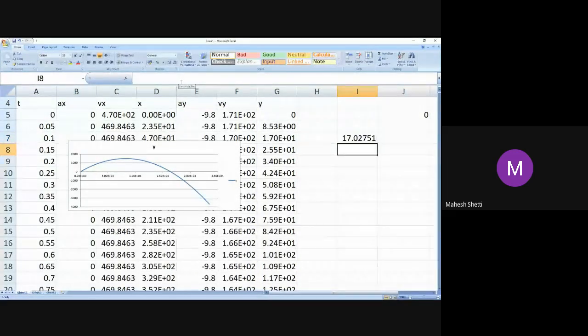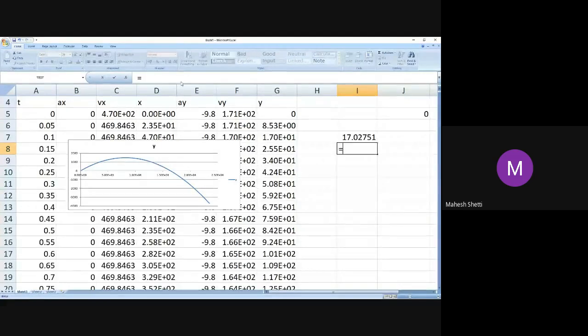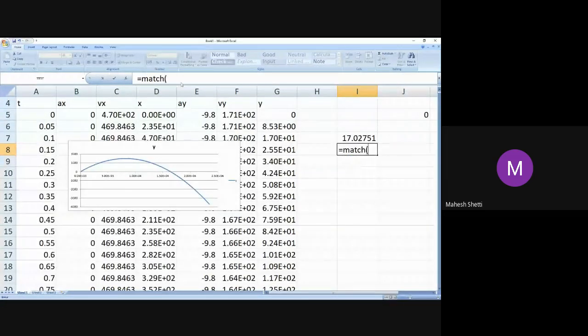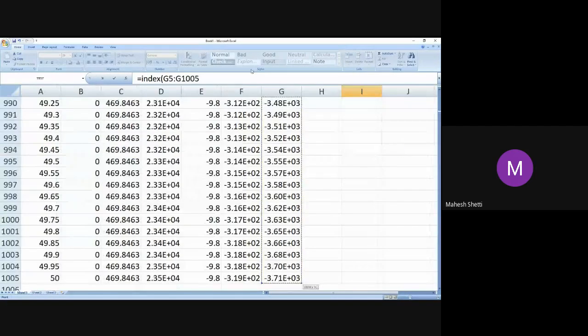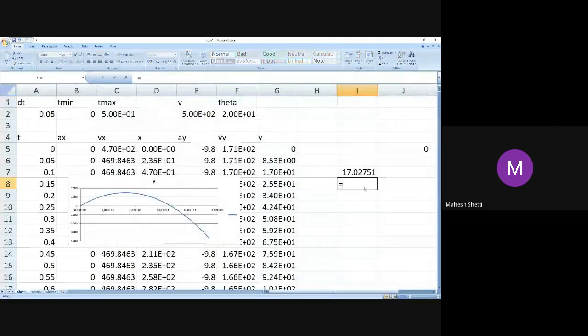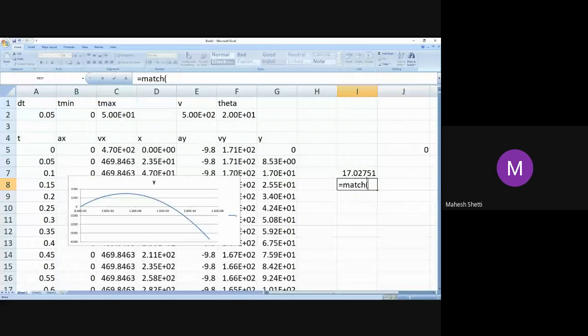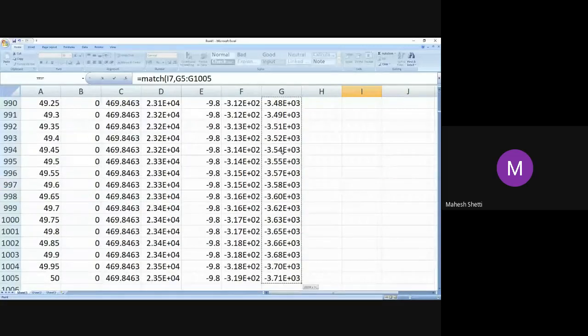Now where is it 17? So here I may look for the match, the index, this array, then the row number. Lookup value, this array.